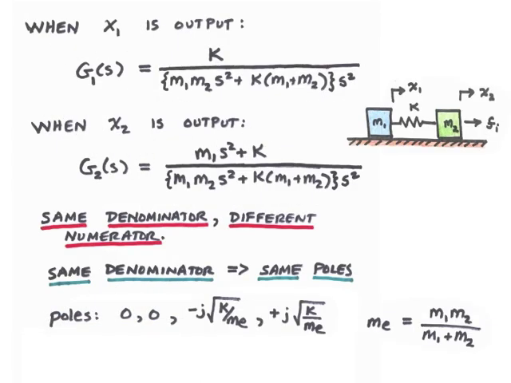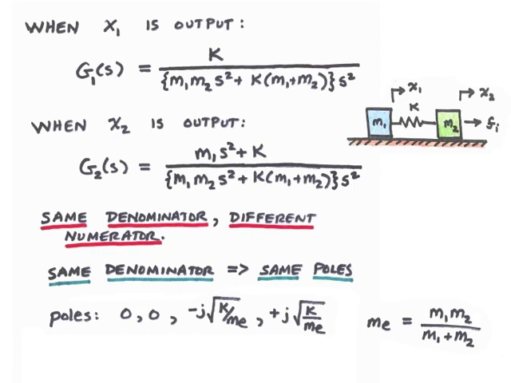So we found the transfer function between Fi and x1, and also the transfer function between Fi and x2. The first of these is labeled g1, the second one is labeled g2, and both are shown here. What I want you to notice is that both these transfer functions have the same denominator. They have different numerators, however. And that's key. So transfer functions g1 and g2 will have the same poles since they have the same denominator.